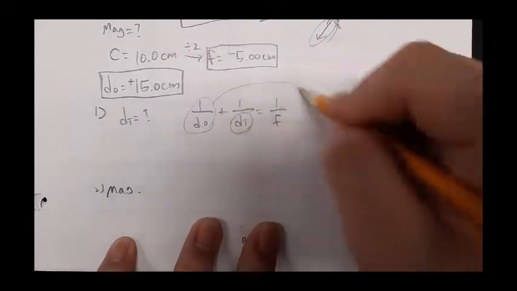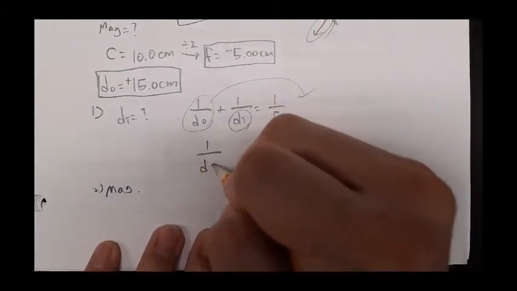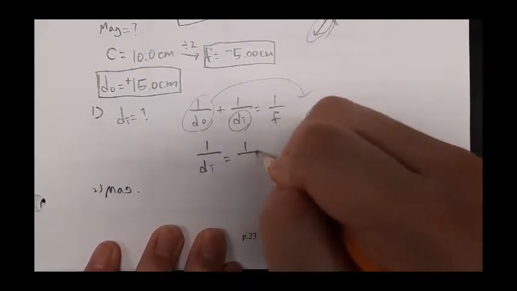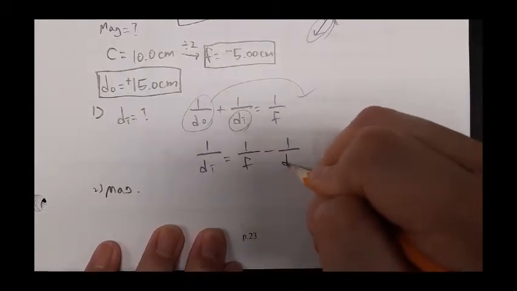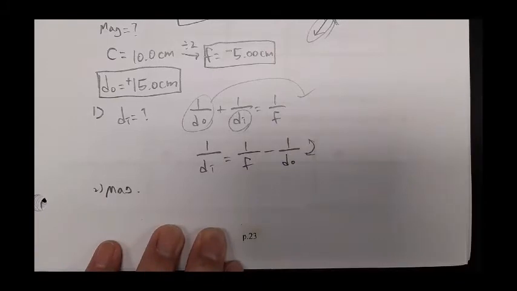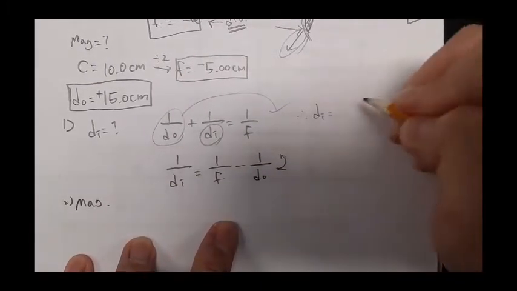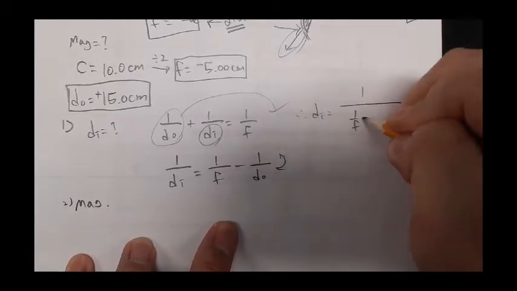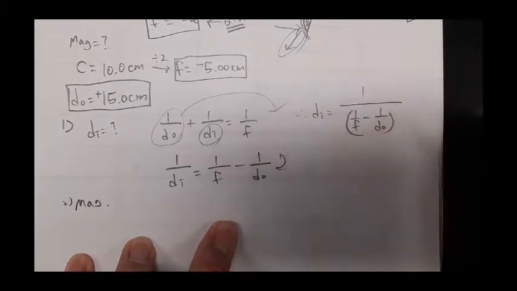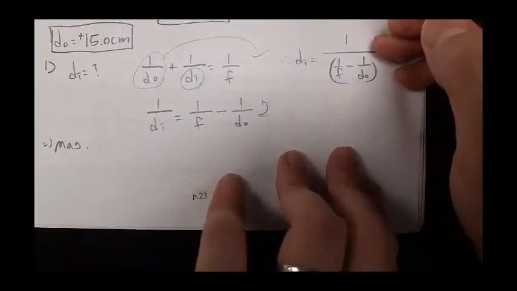So I gotta move everything to the other side by doing subtraction. So 1 over DI is equal to 1 over F minus 1 over DO. Now, flip the whole thing by doing reciprocal. Therefore, DI is equal to 1 over, 1 over F minus 1 over DO. There you go. We have our modified formula.